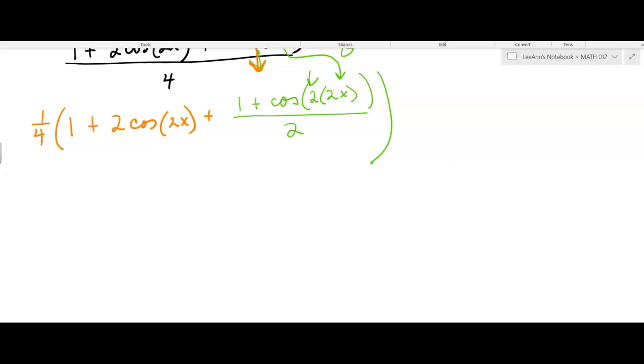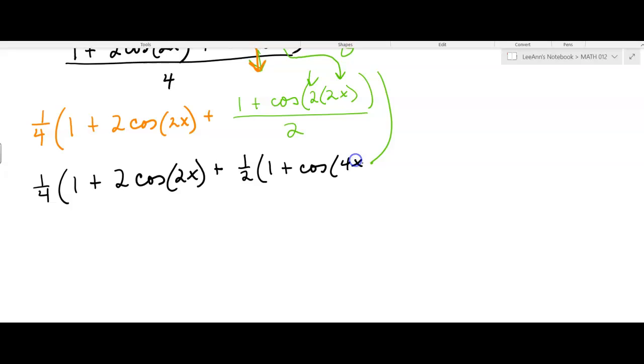Okay, so now let's see what we can do to clean things up. I'm going to leave the 1/4 out here for a minute. 1 plus 2 cosine 2x plus, and we can make this 1/2 times 1 plus cosine 4x, like that. Okay, and now I'm going to distribute.